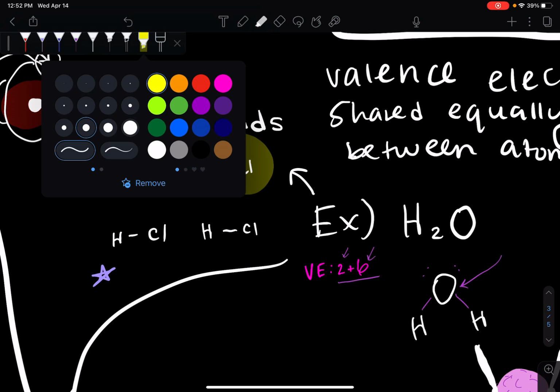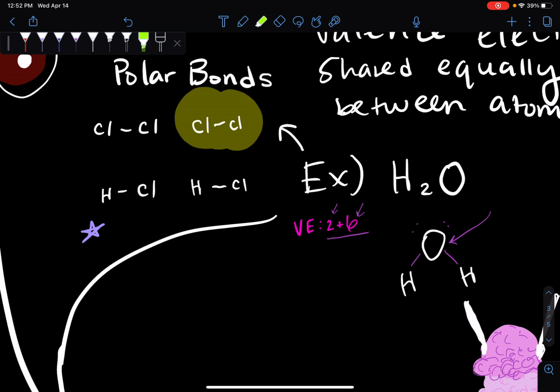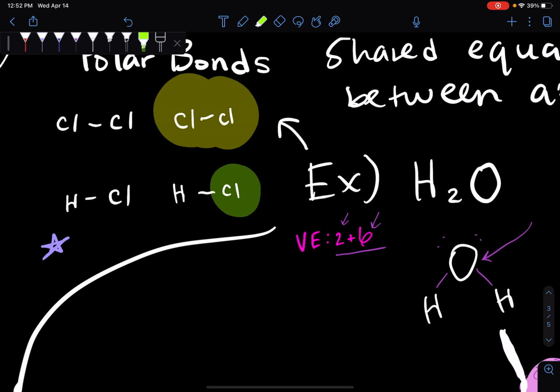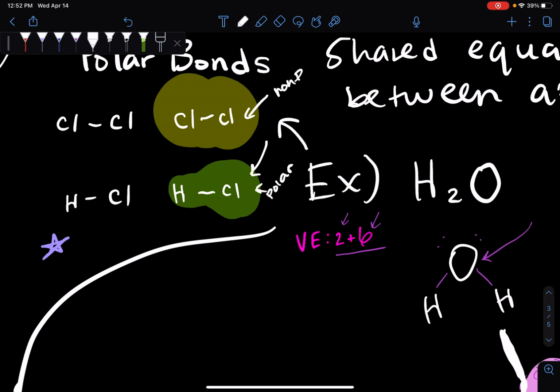Whereas over here, with the hydrogen and chlorine, the chlorine is stronger than the hydrogen, so the electrons are going to spend more time being pulled towards this chlorine right here. Okay? Awesome. That means that this one's polar. Oh, sorry, this one's nonpolar, sorry. While this one is polar. Okay.